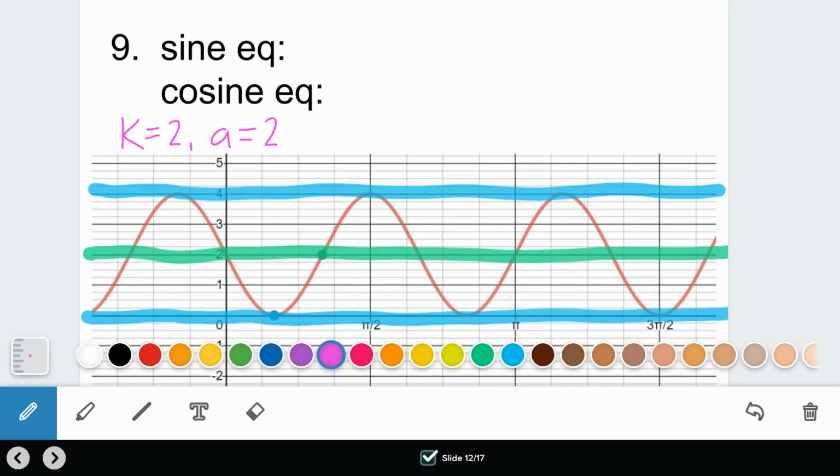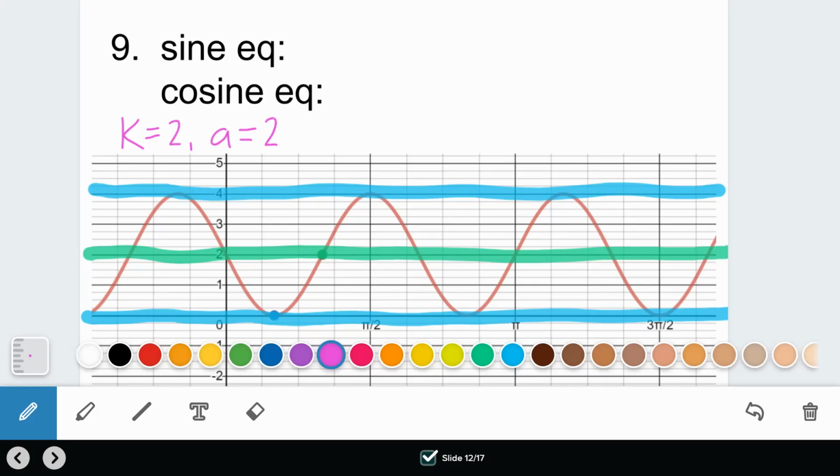For this, I'm going to try to find a nice point for me to start on and end on. And I'm also going to try to find nice values for me to figure out my period.